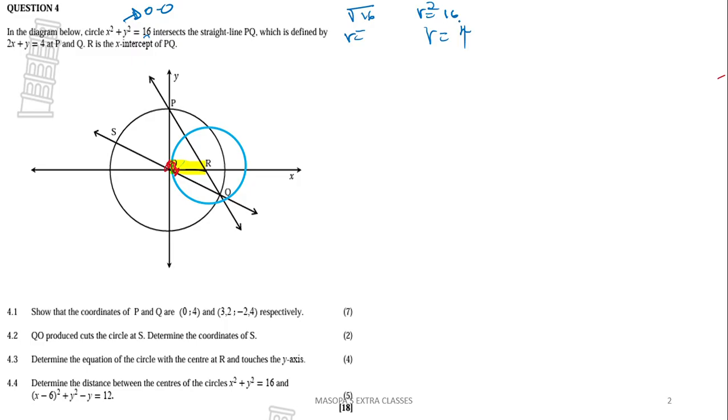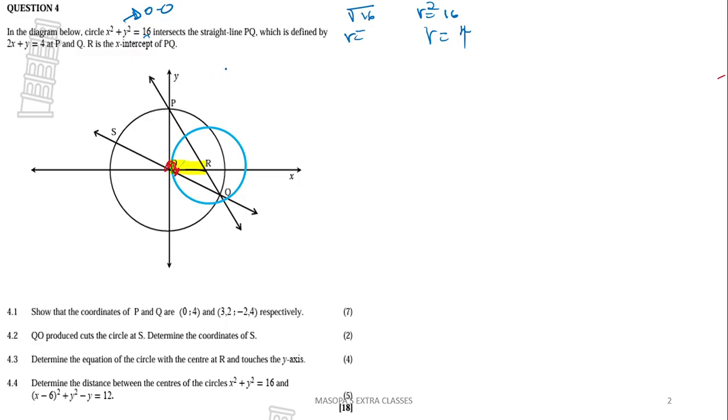Alright. So they say the circle intersects the straight line PQ, which is defined by 2x plus y equals 4. So basically we're given the equation of the straight line PQ as 2x plus y equals 4.